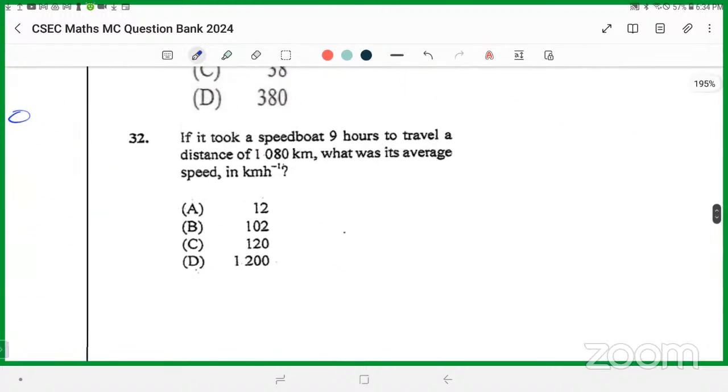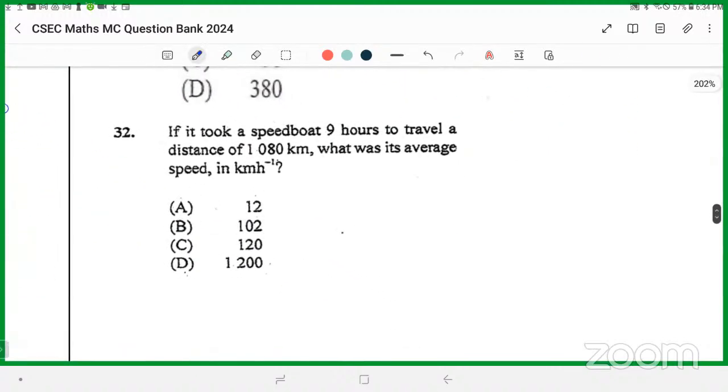Easy. We'll do this question already. It took about 9 hours to travel a distance of 1,080 kilometers. What is the average speed? The average speed is the distance 1,080 over the time of 9.